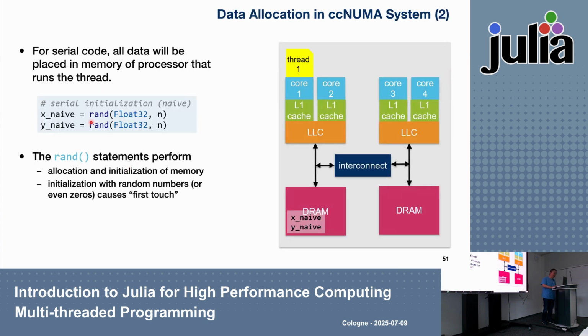For a naive initialization of x and y, if one just uses random, the chance is high that x and y will be initialized in this area of the memory. If this is the case, then only thread 1 from core 1 will access this part of the memory efficiently.